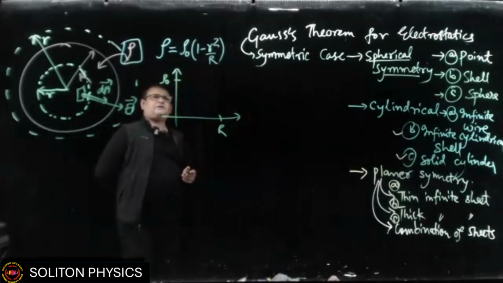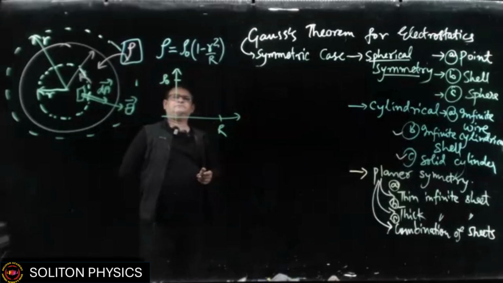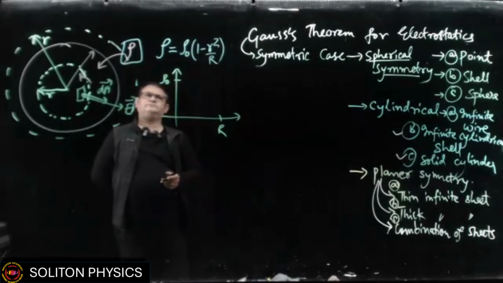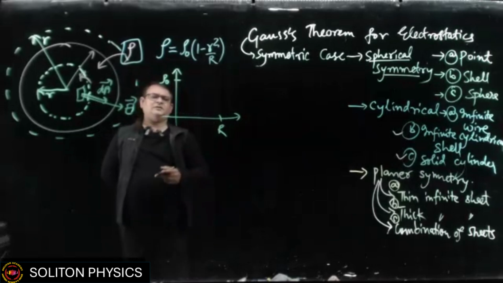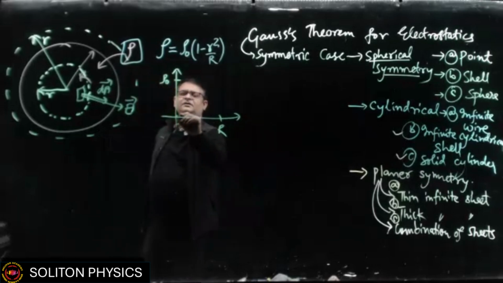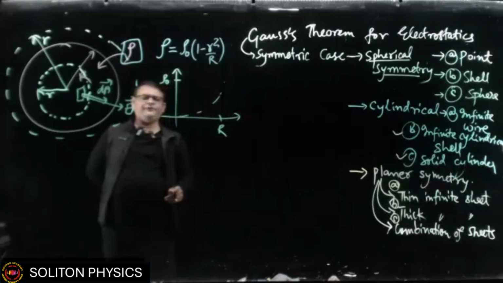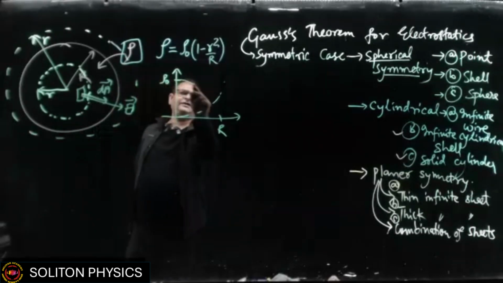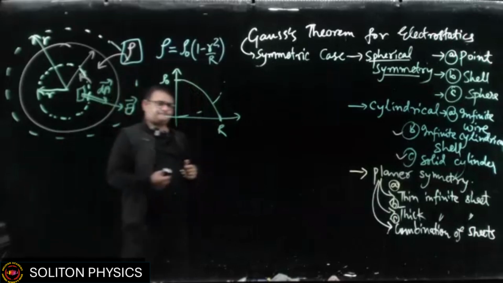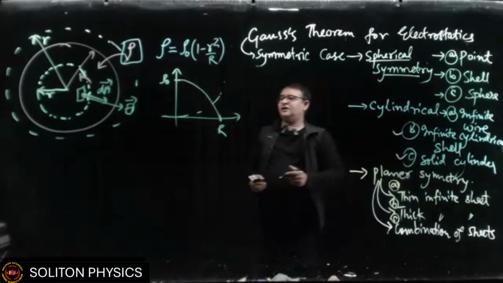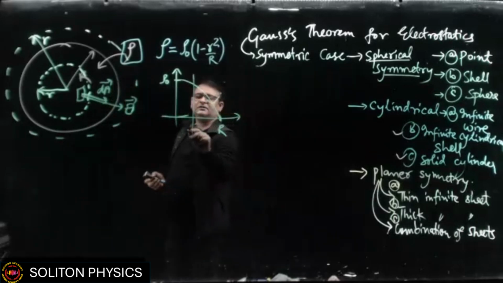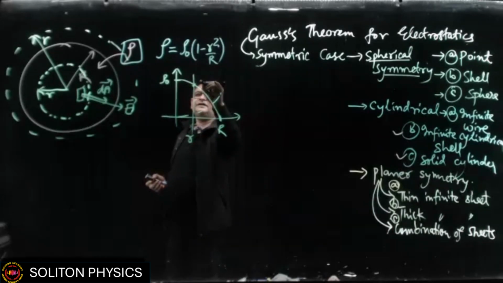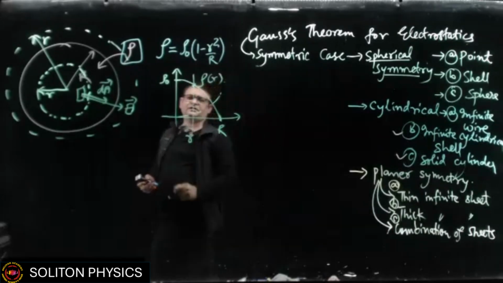how would it go? See, 1 by R square will be like this, and now if you subtract from 1, the density will be like this. So at any r, I know the density rho as a function of r.